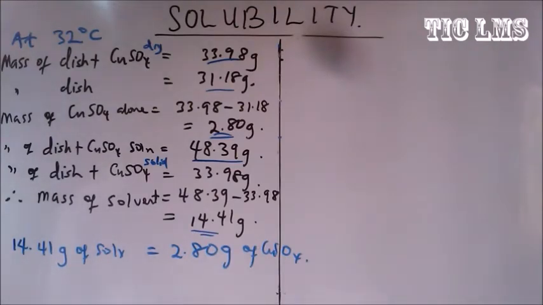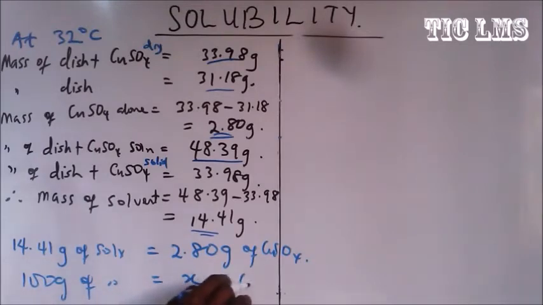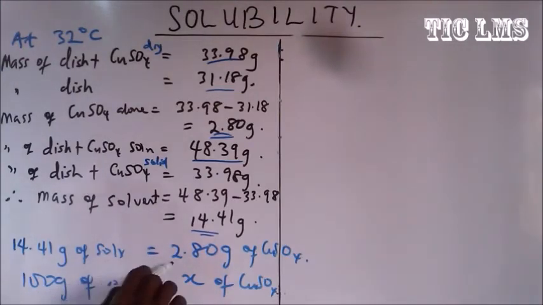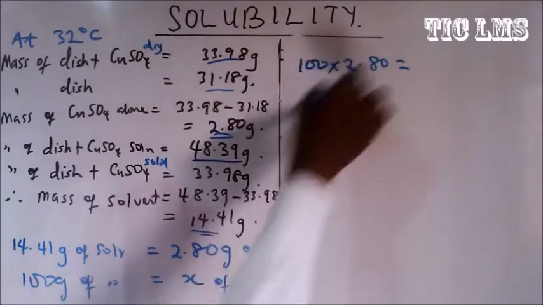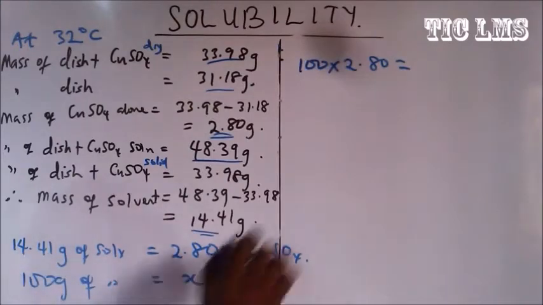And if this is the case, we're told to find the mass of the solid which will saturate 100 gram of the solvent. So if you have 100 gram of the solvent, what is the mass of CuSO4 that will be capable of saturating it? So what we'll do is we'll cross multiply. That is 100 multiplies 2.80, then 14.41 multiplies x.